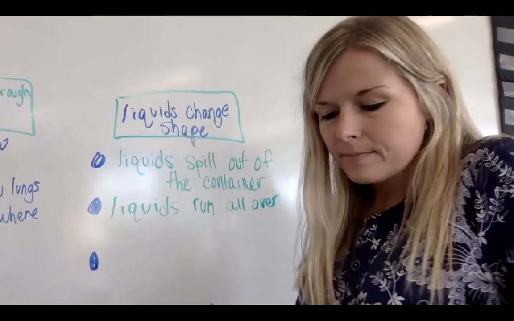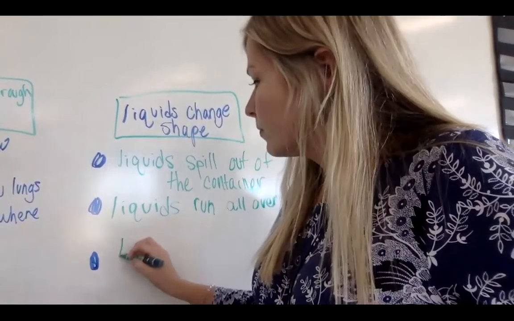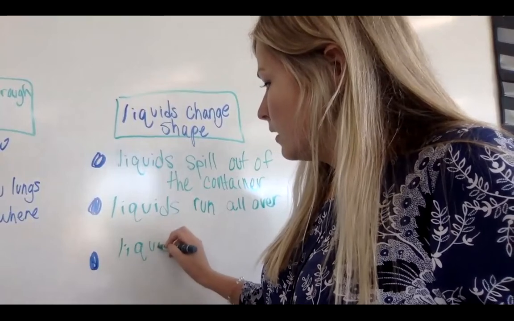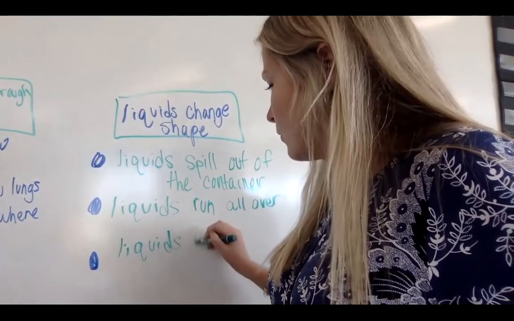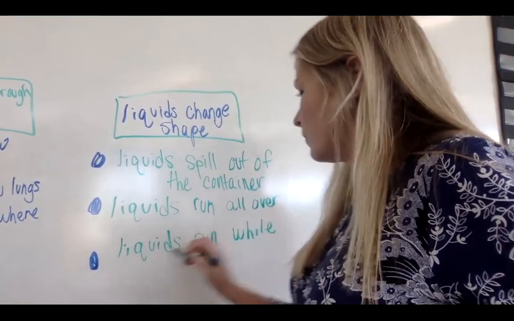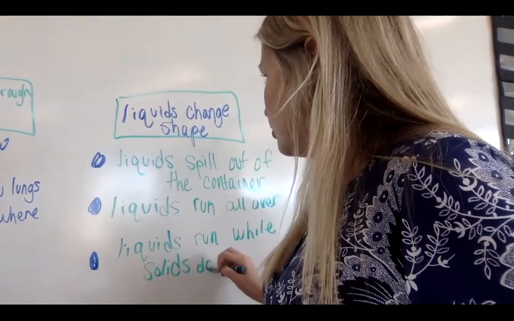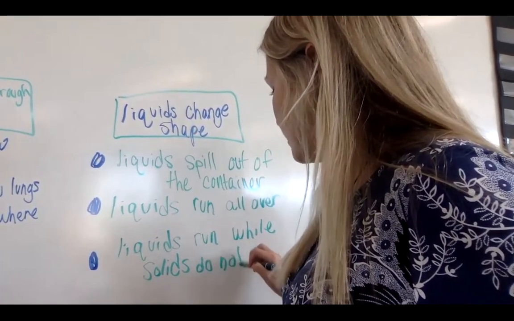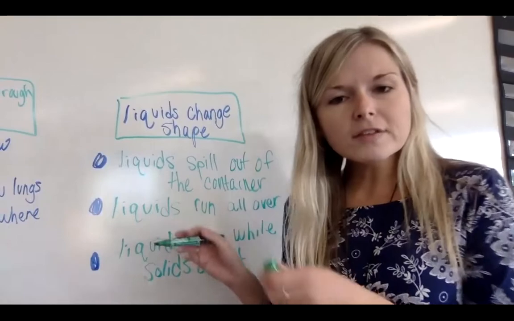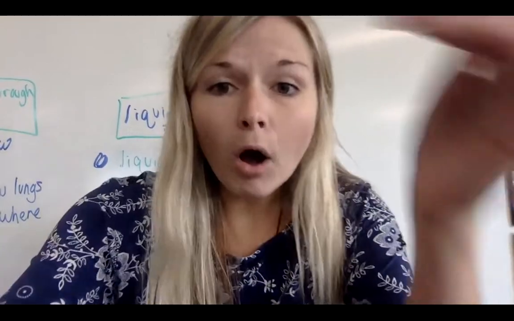We read about that. And I could even add another detail that says liquids run while solids do not. All of these details support that liquids change shape. I got them all from the text that I read.